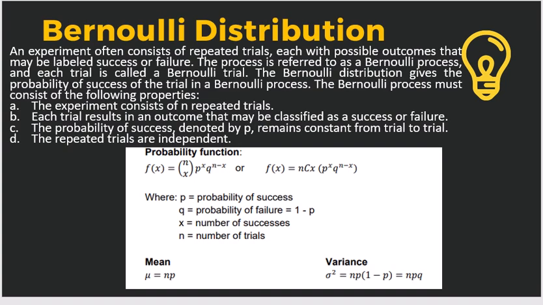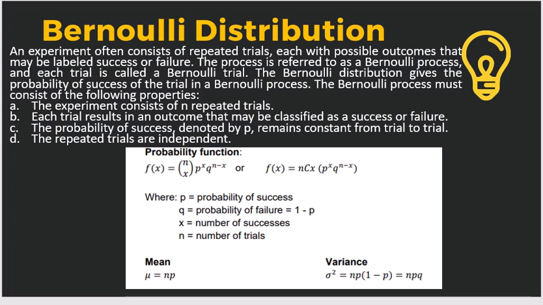Next, we have the Bernoulli distribution. An experiment often consists of repeated trials, each with possible outcomes that may be labeled success or failure. The process is referred to as a Bernoulli process, and each trial is called a Bernoulli trial.